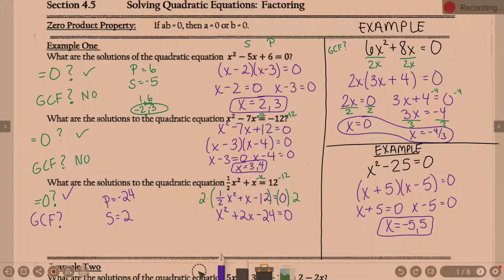You guys know I always give a list of 24, so 1 times 24, 2 times 12, 3 times 8, 4 times 6. 5 doesn't work, and then you're back to 6. Okay. How do I make this work? 4 and 6.